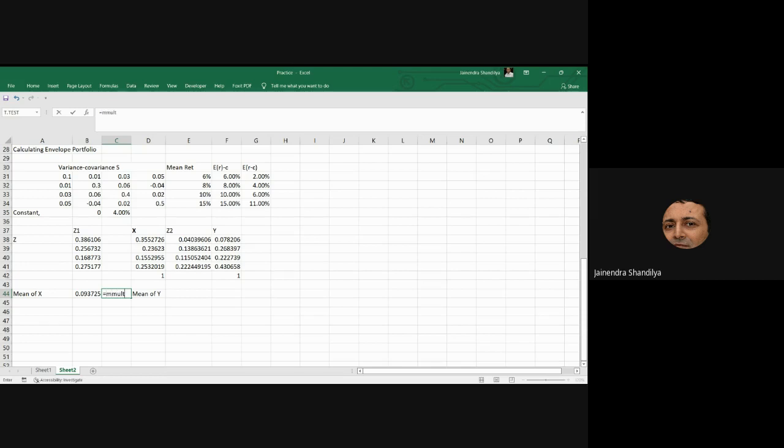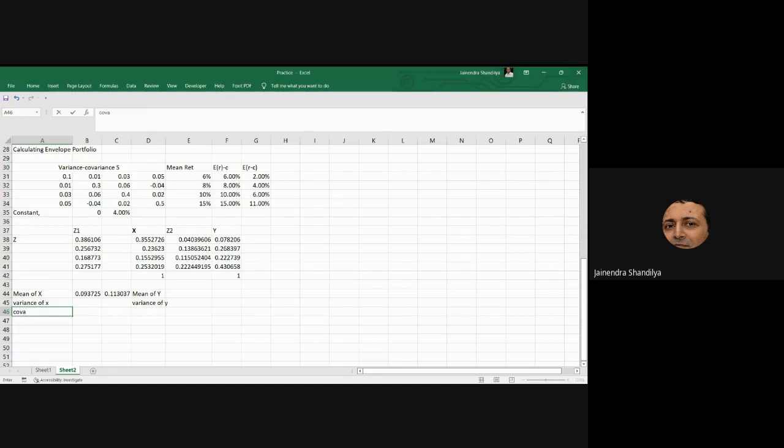Again, we calculate matrix multiplication, and then the transpose, and then we got the mean of Y. In a similar way, you have to calculate the variance of X and variance of Y.